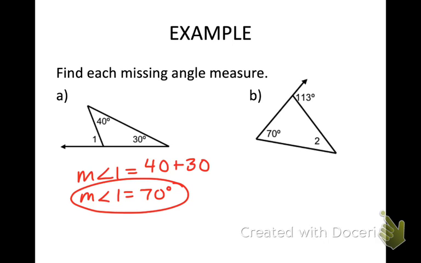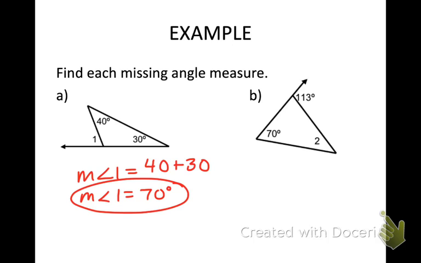Could you get there the long way? Sure. You could do 40 plus 30, which is 70, and then find the third interior angle, which would be 110, and then find the supplement of it, which would get you back to 70. So that's the long way to get there, but this is the short way.